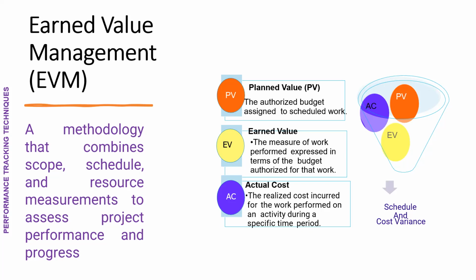The substructure of the house was supposed to take you 3 weeks in the authorized budget, in the document that they asked you to do. Please note those things down now, 3 weeks. So the 3 weeks now is your PV, planned value. Because planned value speaks about schedule. It says the authorized budget assigned to a scheduled work.